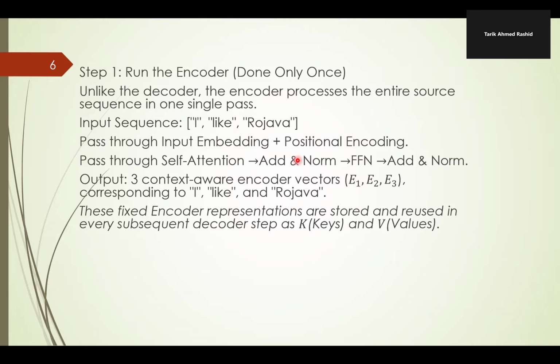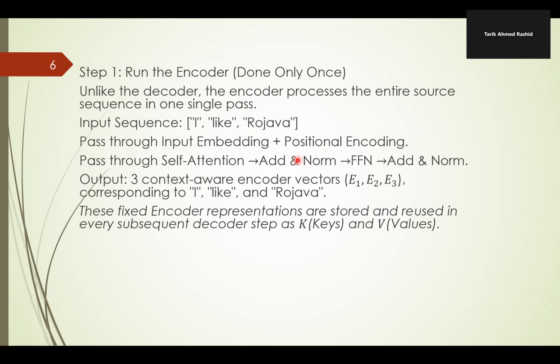Step 1, we run the encoder, done only once. Unlike recurrent neural network or LSTM, long short-term memory, the whole input is fed at once. For example, "I like Rojava", the whole input will go in a single pass, in parallel.